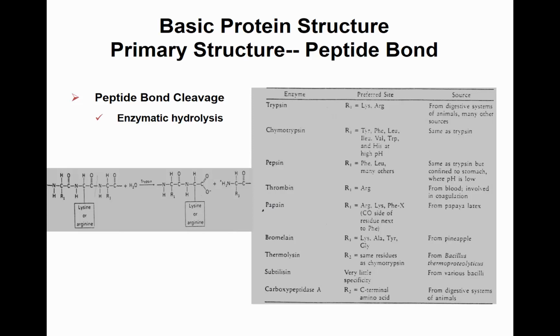Peptidase meaning it can break any peptide really. So if you hear peptidase, it could be a very general enzyme. This is just for FYI, an example of different proteases and how they are differentiated in terms of preferred site and some sources.